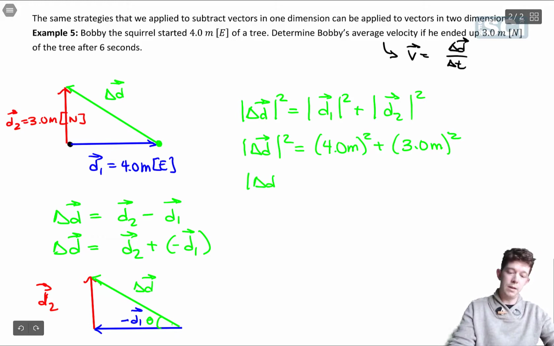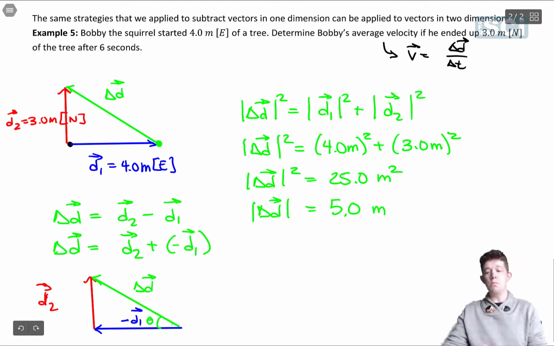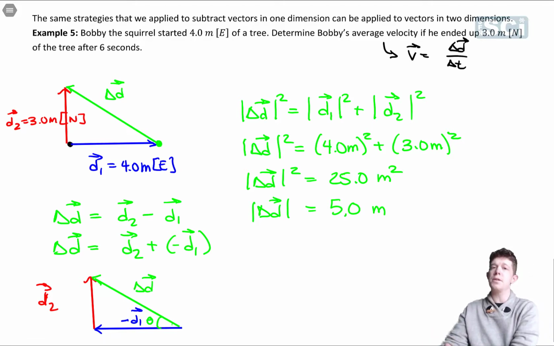If I square these two terms, I get 25.0 meters squared. Taking the square root of that, I get that the magnitude is 5.0 meters. So the squirrel moved 5 meters, but I need to determine the direction.